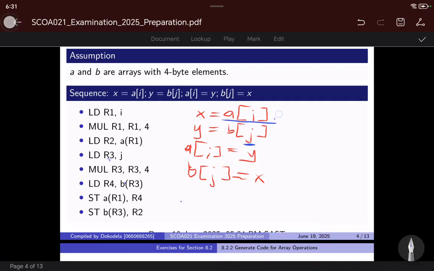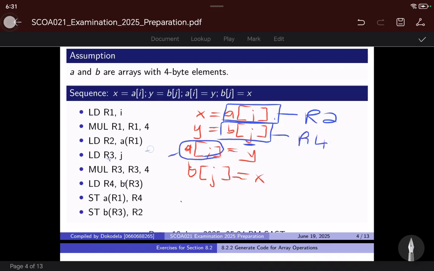Remember, this one is stored in register 2. So I'll call this R2. And remember, this is stored in register 4. So I'll call this R4. And we know what this is in detail.